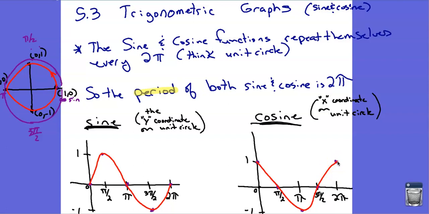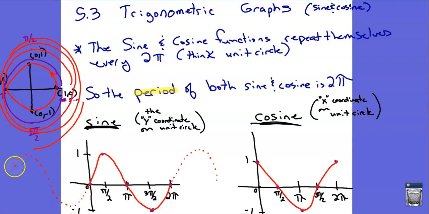By the way, it does keep going. If I could keep going around the circle 2 times, 3 times, 4 times, this function continues on. The same thing if I wanted to go counterclockwise, it would go this way. And the same thing with the cosine function.